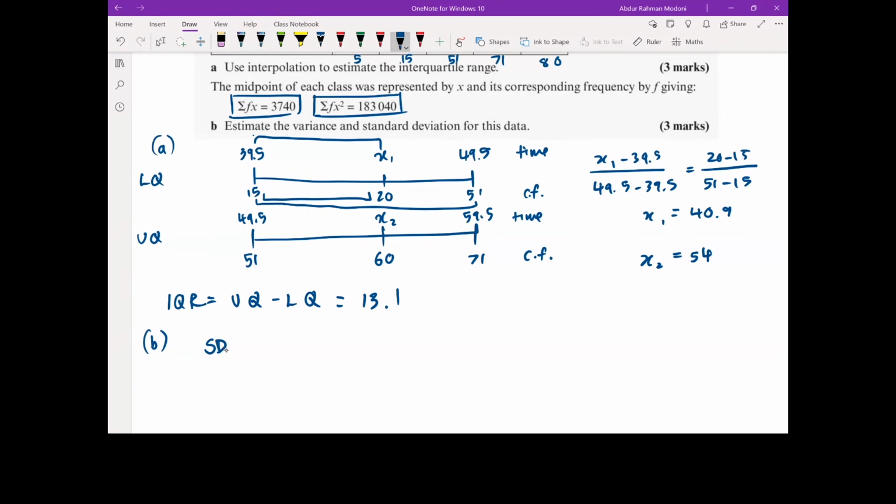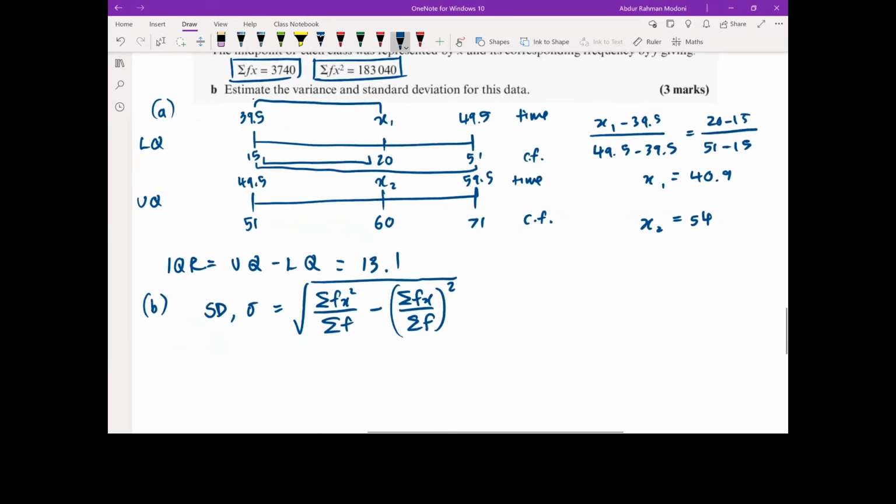So standard deviation, which is sigma, is equal to the square root of, remember what it is, the mean of the squares, so that's sum of fx squared over sum of f, minus the square of the mean. So the mean is sum of fx over sum of f, and it's the square of the mean. So that's what I would write down. That's not given to us in a formula book. We need to know that.